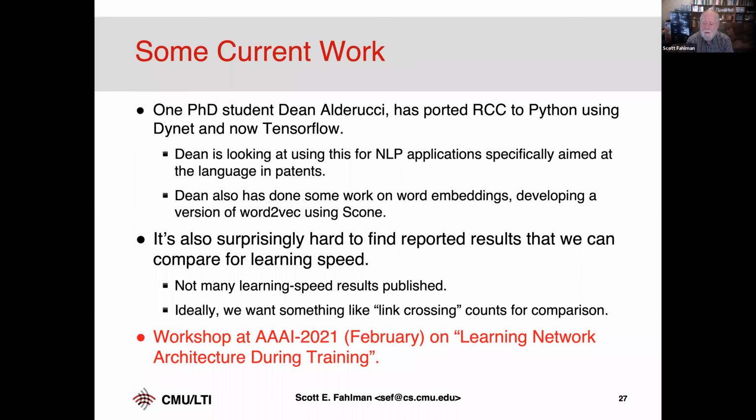And then you on your supercomputer and I on my iPhone can somehow compare our results, because we can both say, well, we did this many link crossings. I wish people would, and even if they report the speed to train the final network, they don't tell you how much time was wasted on other networks to find the right one.